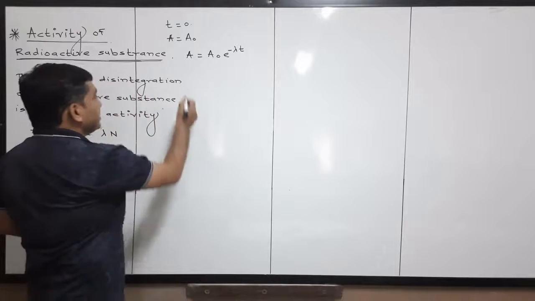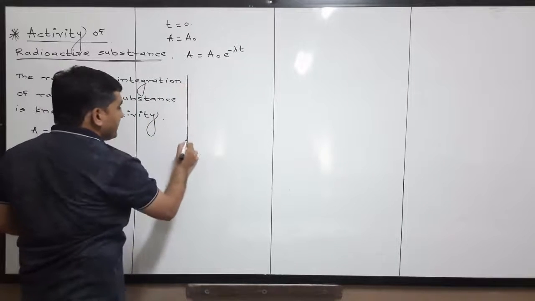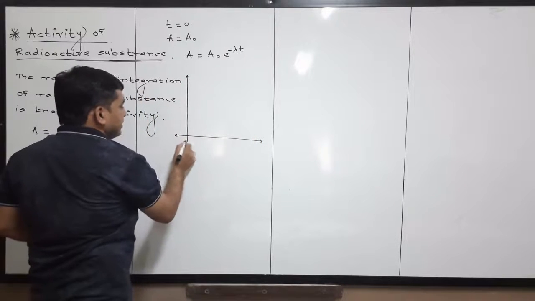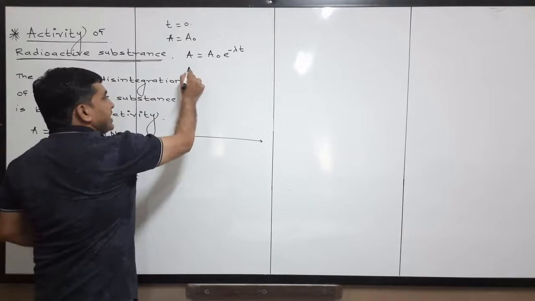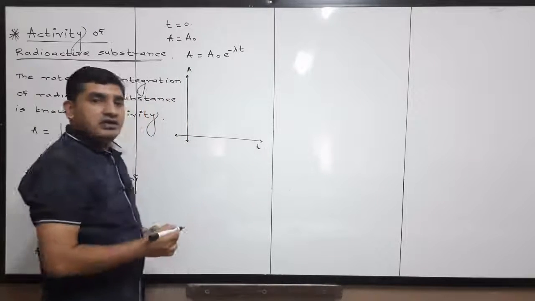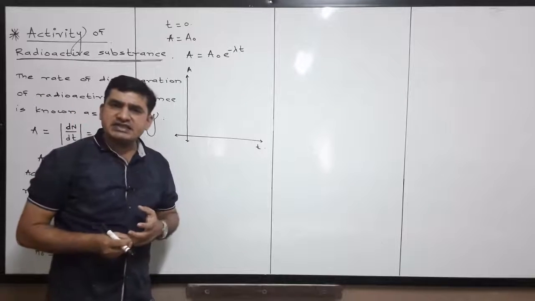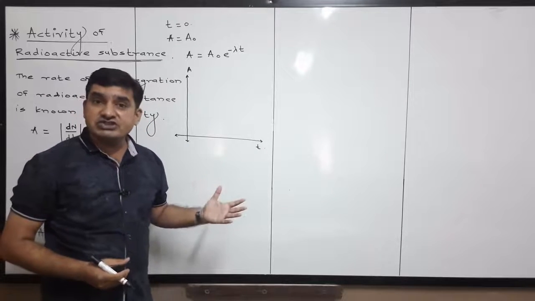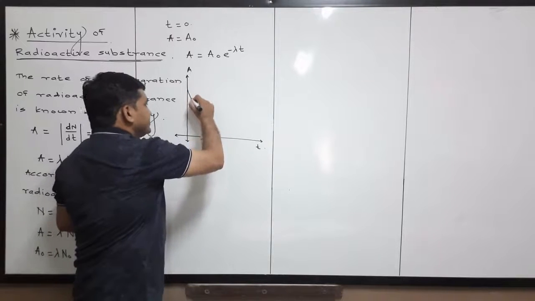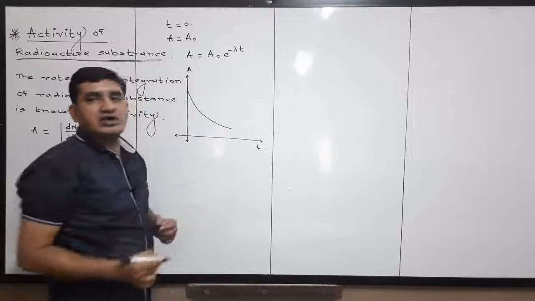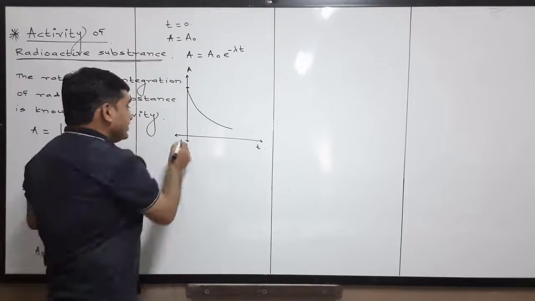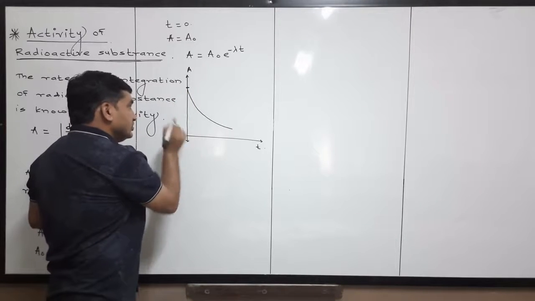From this equation, we can say that the activity of a radioactive substance decreases exponentially with time, and therefore the graph of activity versus time is like this. This is activity, and here is time t. This is A0, the activity when t is equal to 0.